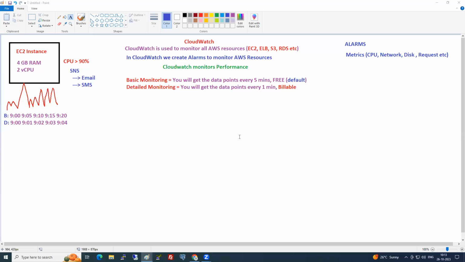But in CloudTrail, whatever is happening in my entire AWS account, anyone clicking this, creating that, deleting that, updating this, every action we do in the AWS account is getting tracked in CloudTrail.